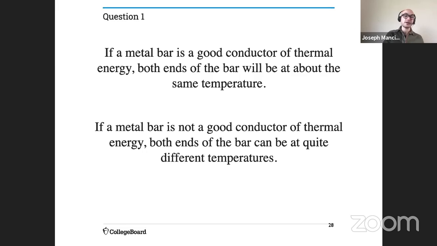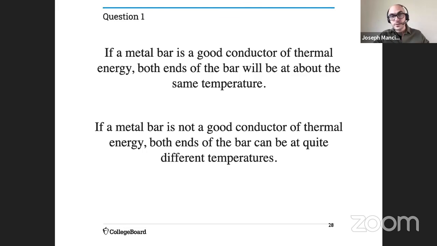In this situation, I would apply that kind of thinking to these metal bars. Material A is clearly a good conductor of heat energy because most of it is at the same temperature. The cold side of it was able to get pretty warm, versus metal B, where the cold side of it is cold and the hot side of it is pretty hot.